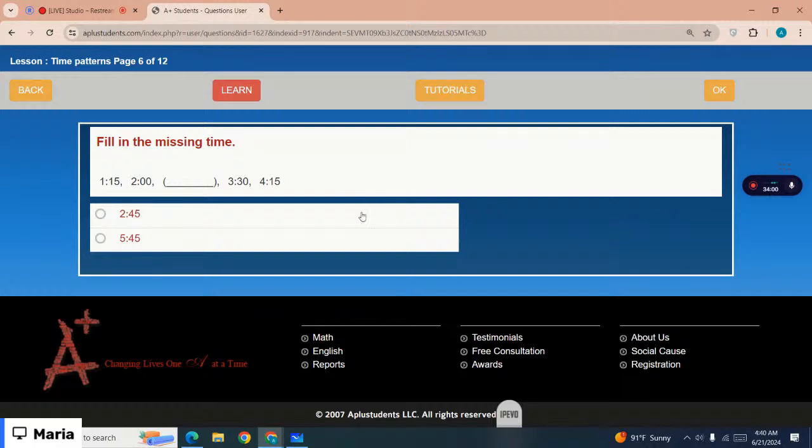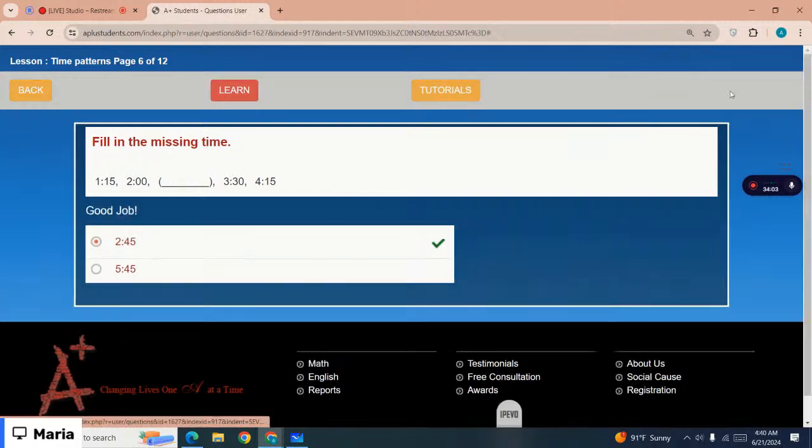Yes, that is 2:45. Option number 1 is the correct option.